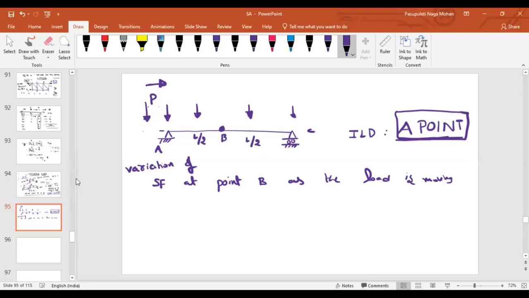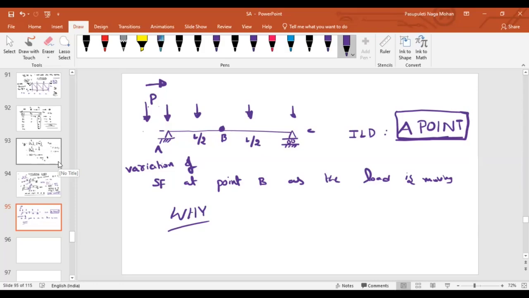The next thing we can ask is why we have to draw the influence line diagram, isn't it? Why can't we go for SFD or BMD or everything? If the load is at a particular point, then directly we know how it changes.